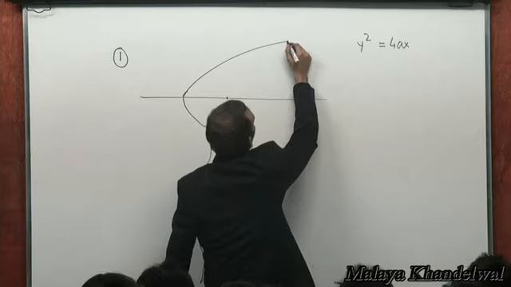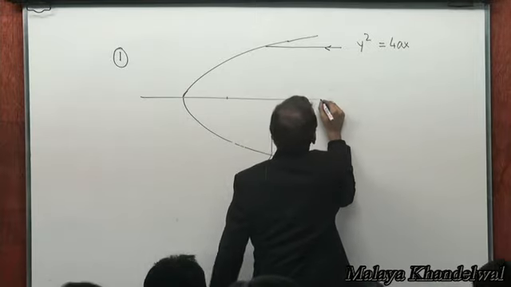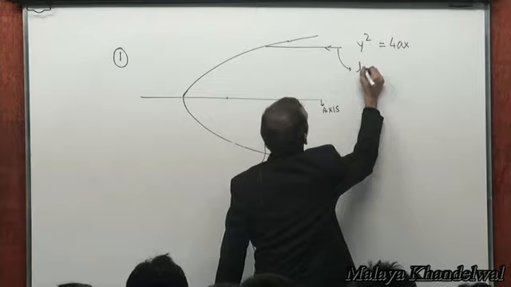Say this is the axis of the parabola, and this is a line parallel to the axis.